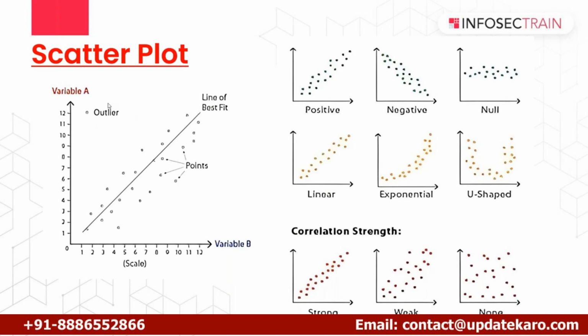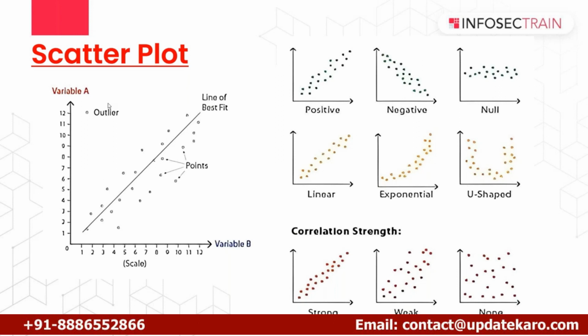Now as I told you in the previous session, what is an outlier? Outliers are nothing but the extreme values. And what is an extreme value? Let's say you have data from 1 to 100, and in that particular data there are one or two or a few values that are more than, let's say, 200.